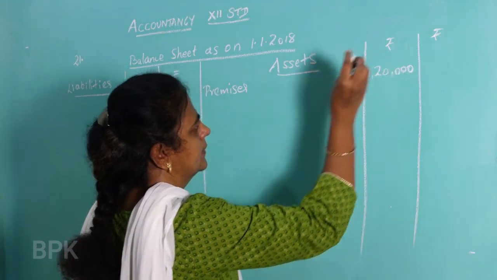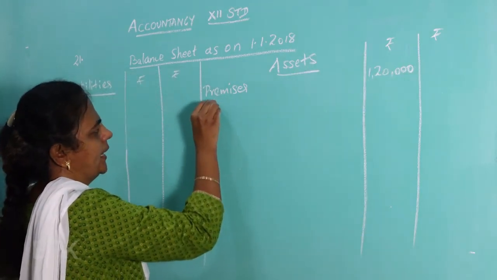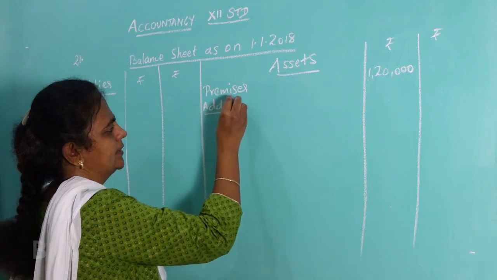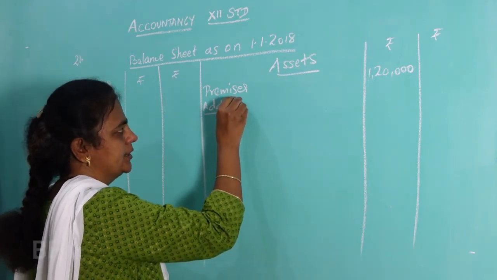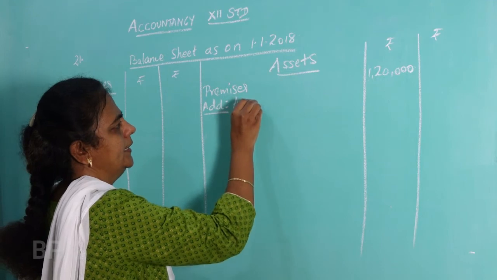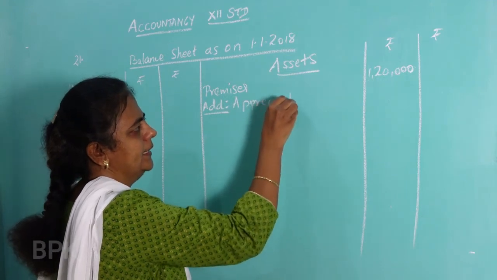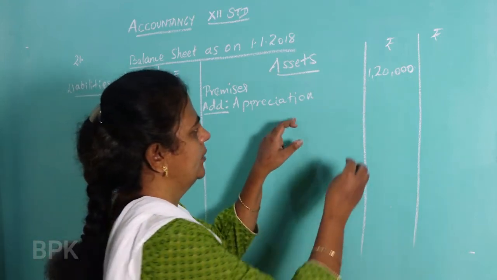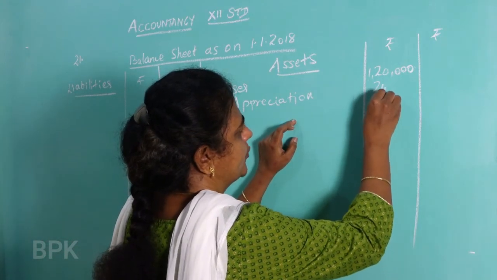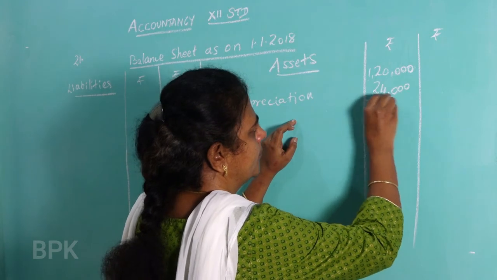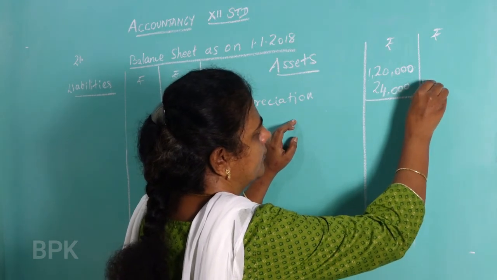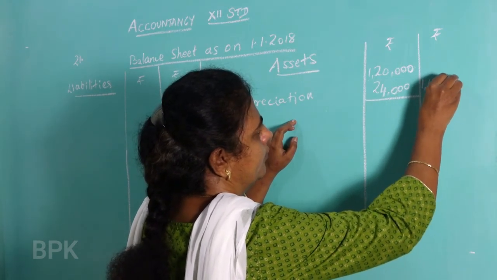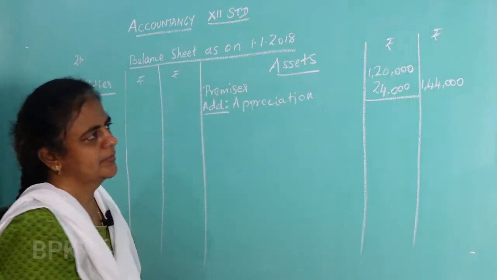1,20,000 is appreciated by 20%, so add appreciation. Already you calculated in the revaluation account 20% on this, so you take and bring it here, that is 24,000. If you add, you will get 1,44,000 premises.